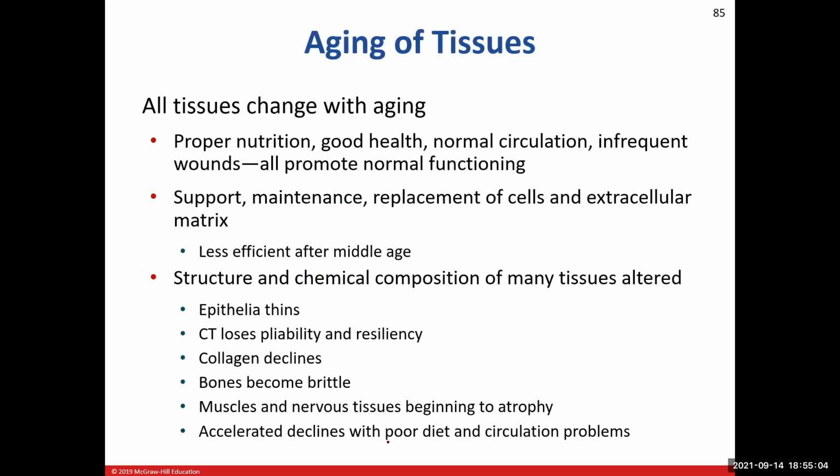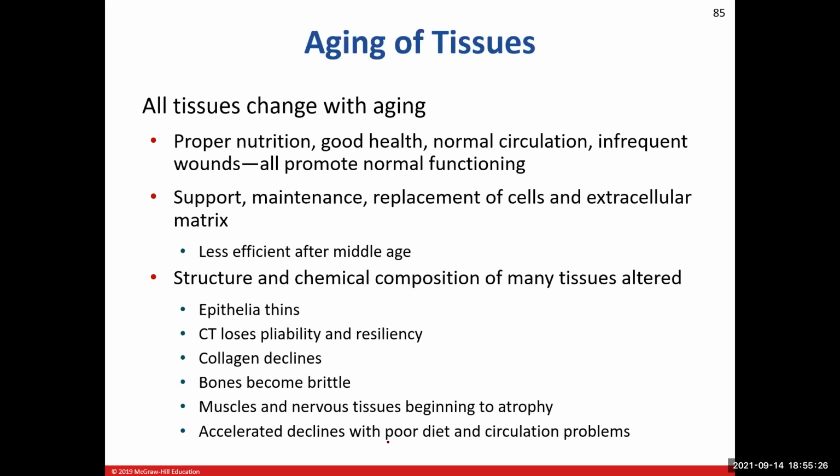All right, the final part of tissues, because after this chapter we are going to be going into systems. At the end of most of those chapters, we will be discussing the aging effects on those systems, so it's good to have a general understanding of the aging effect on tissues in general.